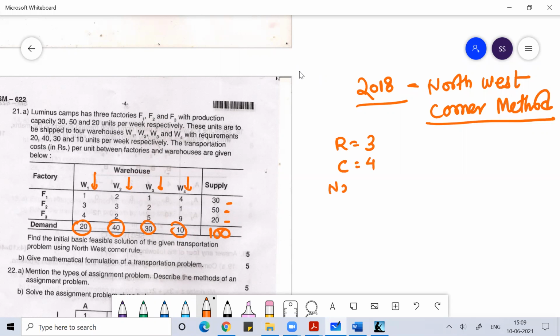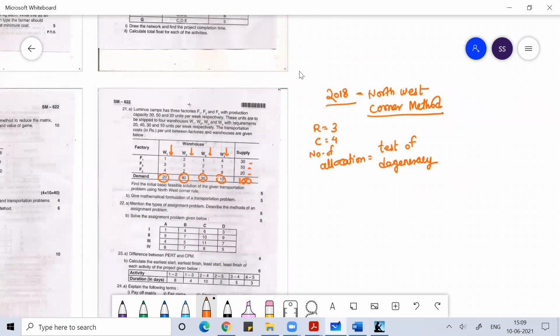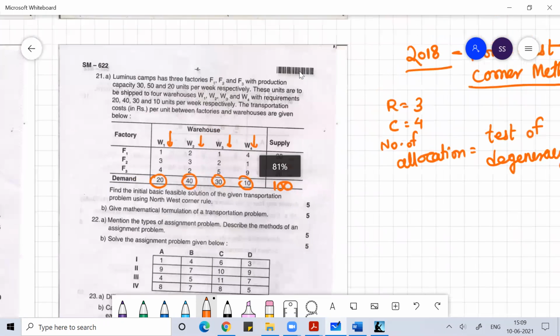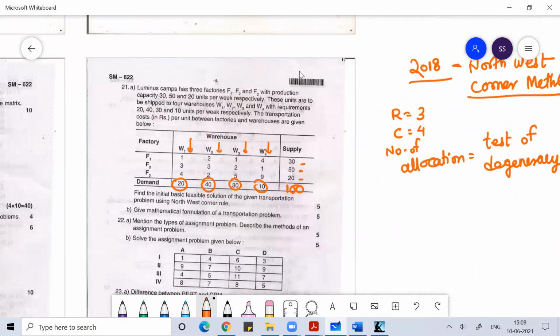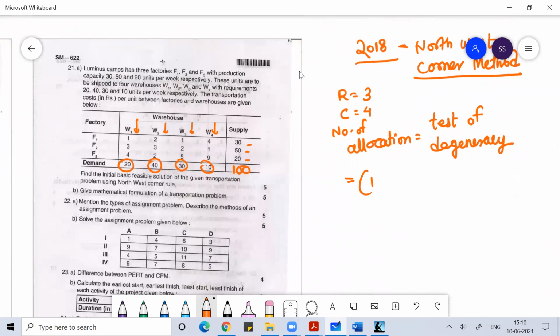4 columns. So if you do the test of degeneracy, remember the total number of allocations is equal to m plus n minus 1.